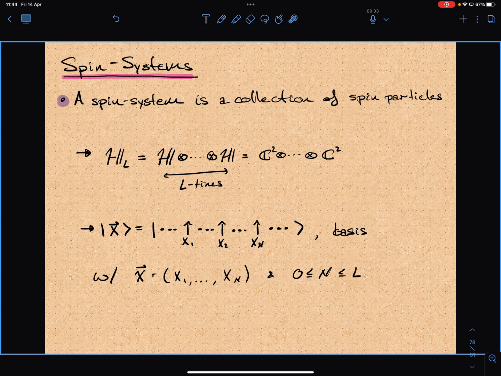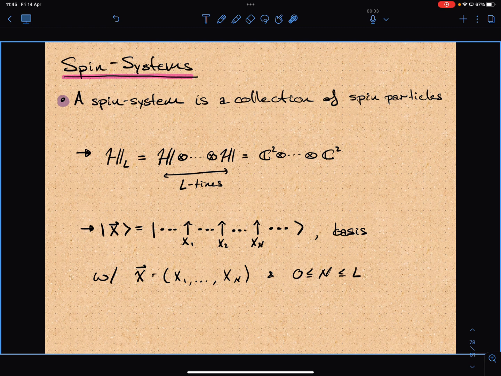Here I'm looking at a system of L spins, and it's just the tensor product of these L Hilbert spaces. So it's going to be the tensor product of this C2, L times.